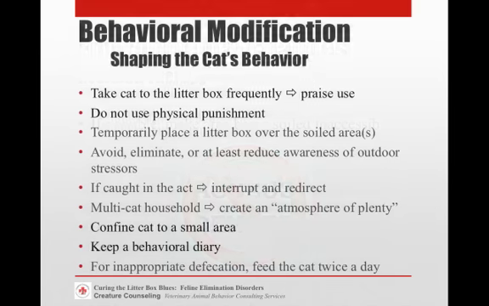All right. And then shaping the cat's behavior. This is important, you guys, but probably not as important as that attraction therapy that I talked to you about, at least in my experience. What I have my clients do typically is take the cat to the litter box frequently, a couple times a day, and put them in the litter box. If they show any motion, like if they use the litter box, great, they get lots of praise or food treats.